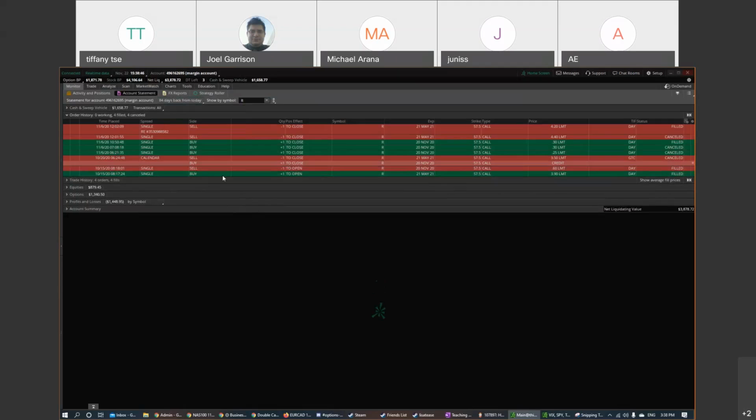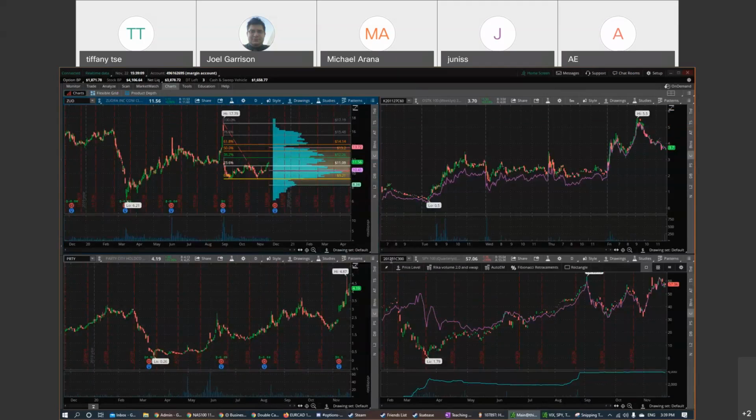So what I did is I bought a calendar, and then I tried to cover it and then roll it. I think that's what happened, but I was not able to. But this is a way for you to build your portfolio just using calendars if you have a long-term bias.